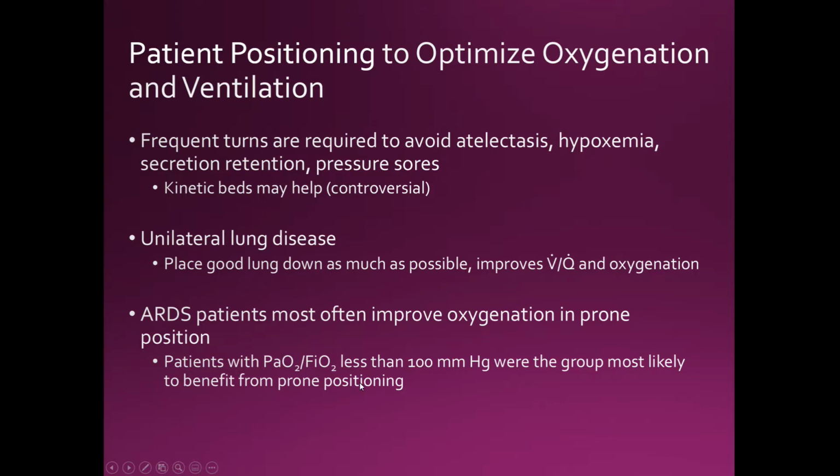And with that, it says patients with a PF ratio less than 100 were the group most likely to benefit with prone positioning. So a PF ratio of less than 100, they like that. If you had a patient who was roughly at 75, you turn them prone because they had ARDS, and now you have them at 85.